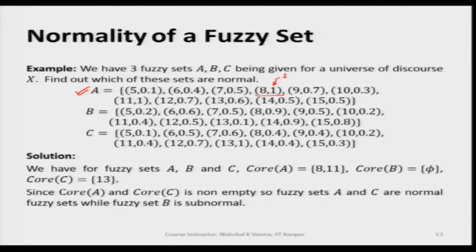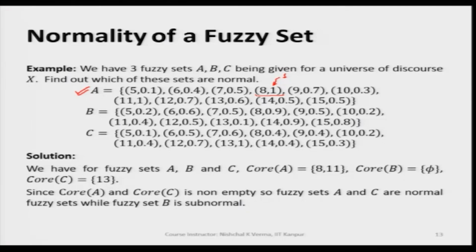So, it means that we have at least one point present for which we have the corresponding membership value 1. And please understand, when we say at least, it means if we have multiple such points present, then also this fuzzy set will be a normal fuzzy set.